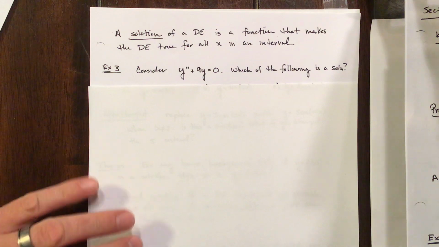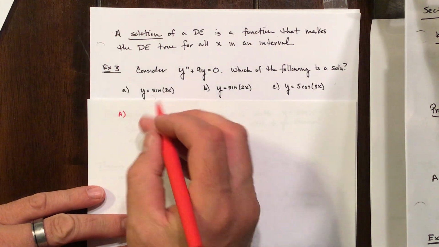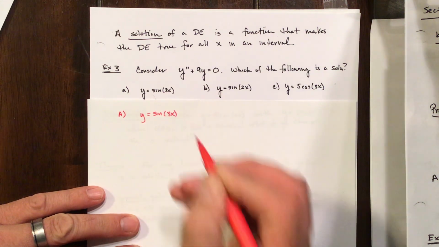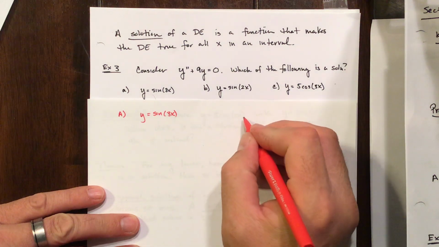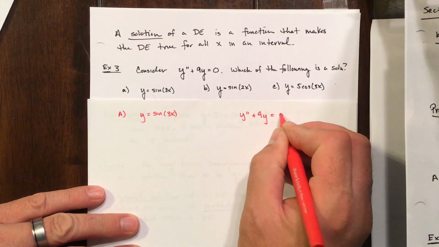So, looking at A, y equals the sine of 3x. According to our differential equation, we need y double prime plus 9y to be 0.